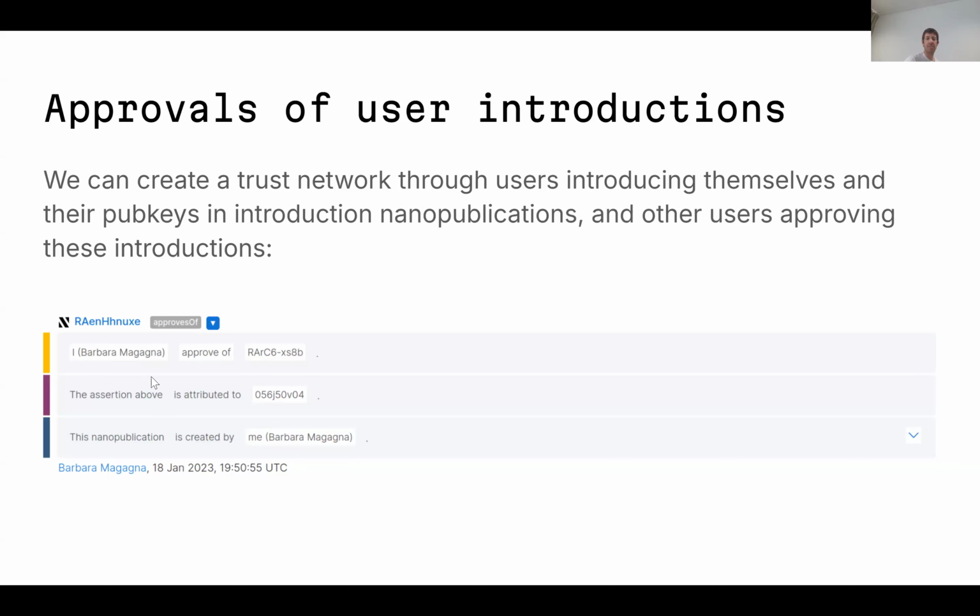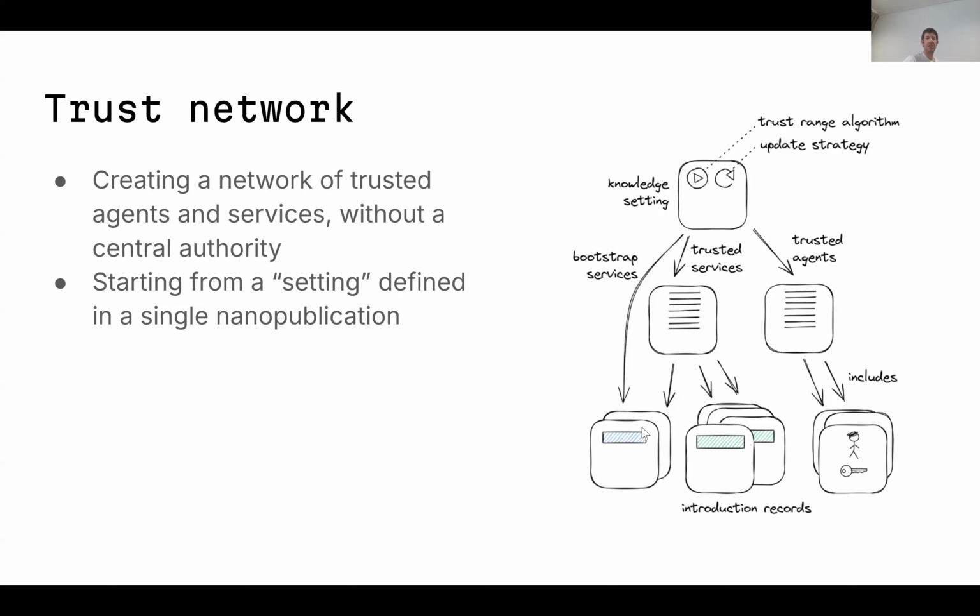So if I have Barbara in my list of initially approved agents, and now my trust range algorithm says, okay, look at everybody who's approved, see who they approved, approve them too. So that's the simplest transitive rule.